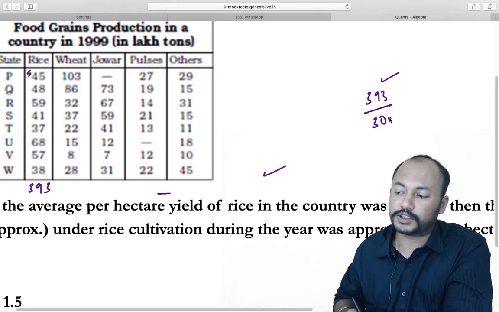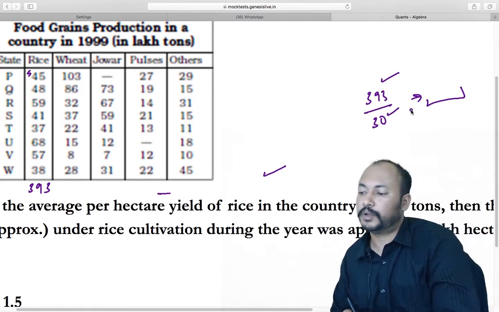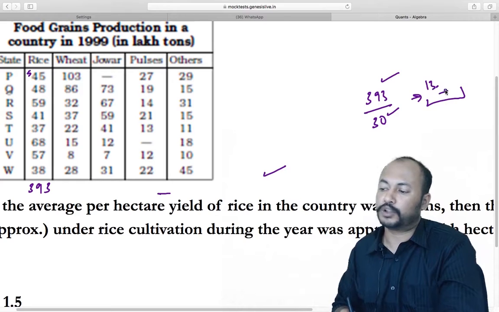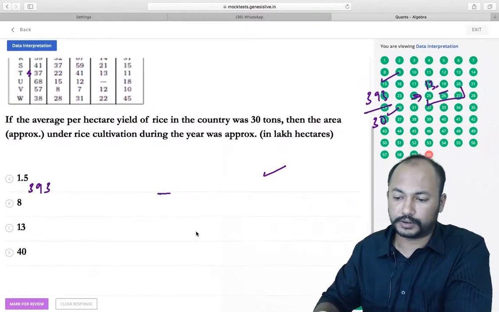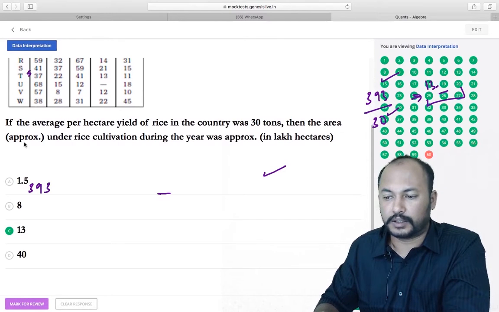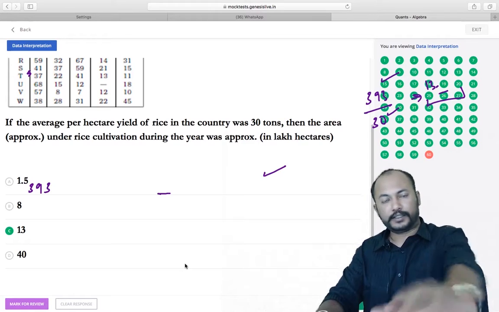This is total production, this is per hectare. That gives me the area. So this is going to be 30, how many times? 30 10s are 300, 30 13s are 13 point something. Look at the options. You have 13. Great, so option C. They have clearly mentioned area approximately. Answer is 30.